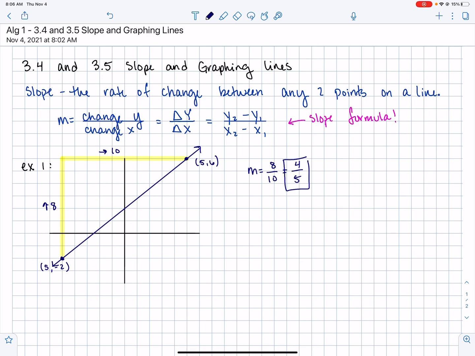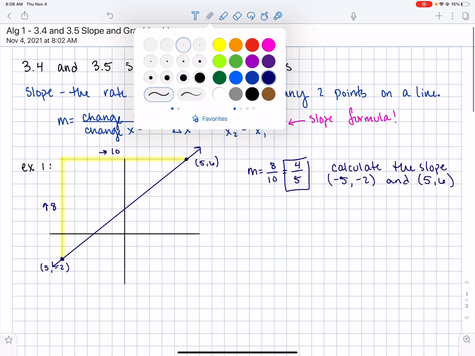Okay, so that's one way that we could do it, and we get the slope of 4 over 5. But if I said, can you please calculate the slope between the points -5, -2, and 5, 6, we could actually use our slope formula.